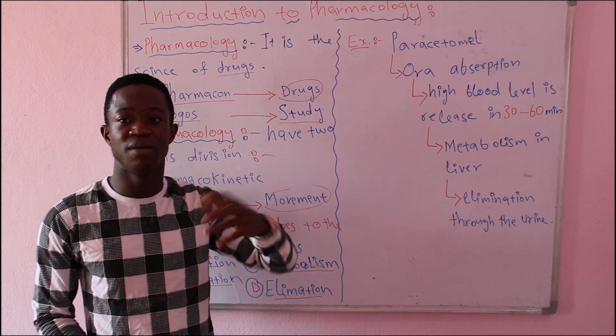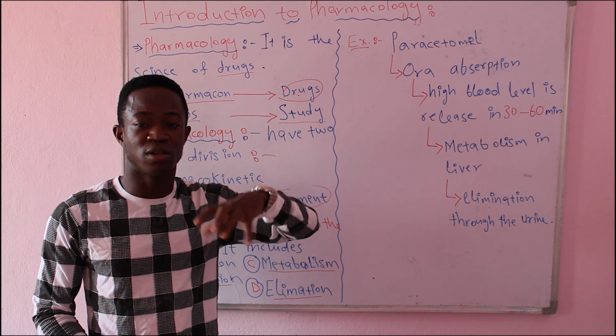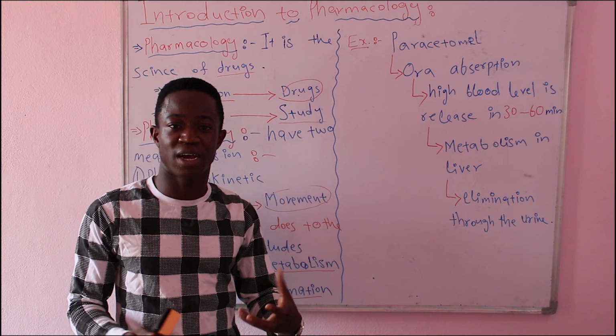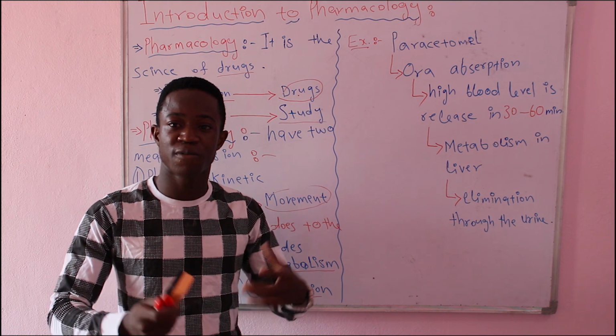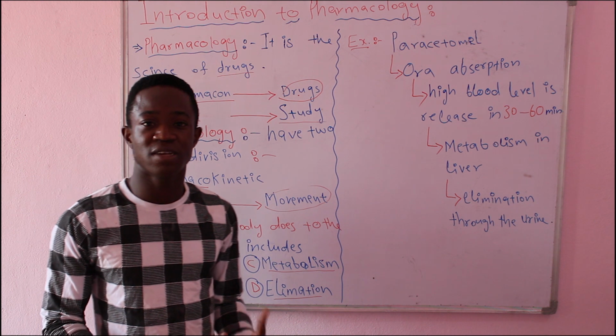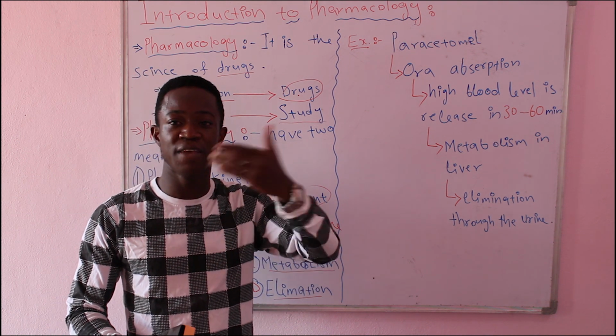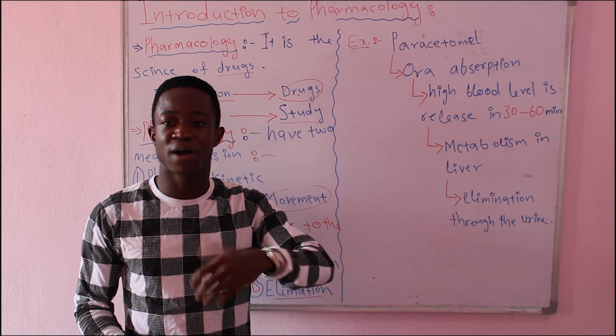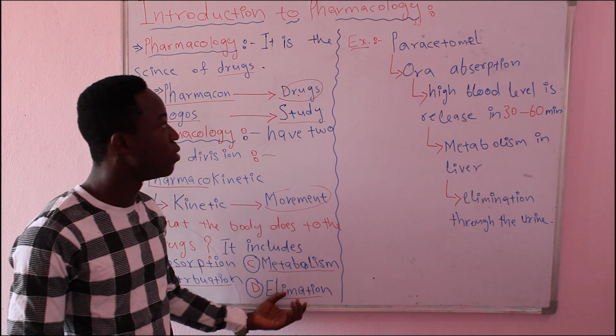Metabolism: how well the drugs are going to be metabolized, and which organs are responsible for metabolism. Then elimination: how the drugs are going to leave the body, by what means, and by what organs.